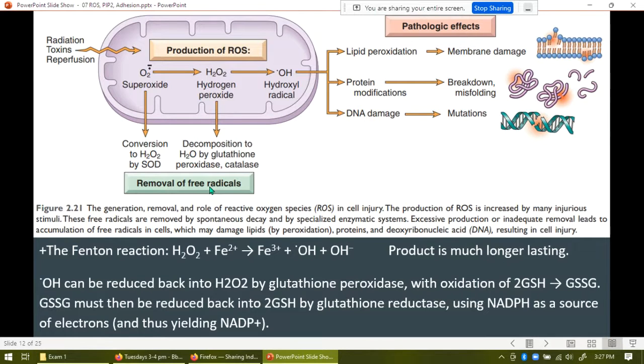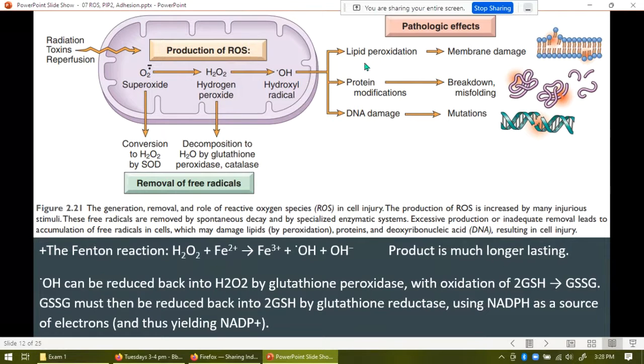So we have ways of removing free radicals, and some pathogens can also avert this by expressing catalase that detoxifies free radicals. Iron can convert peroxide into the hydroxyl radical, which is not so safe and cannot be broken down. It's also much longer lasting because there's nothing that can break it down in the cell. And the hydroxyl radical is probably the most toxic of all of these because it's the longest lasting.